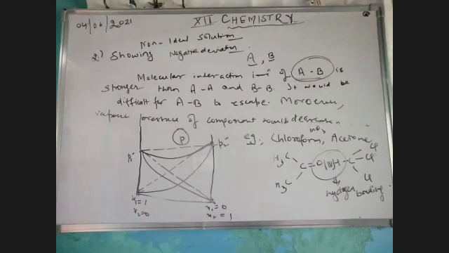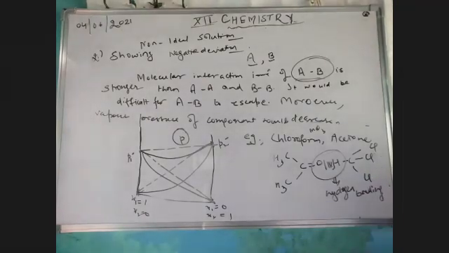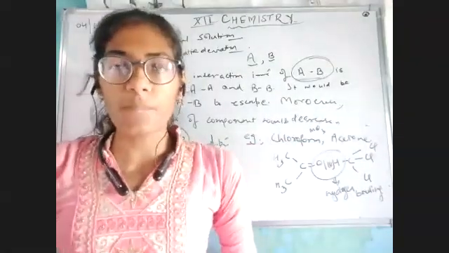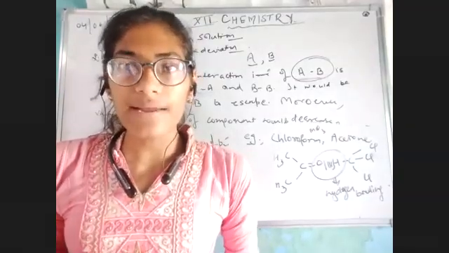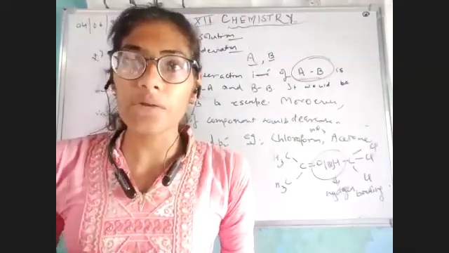Let's see another topic, that is the azeotropes. What are azeotropes? Azeotrope is a very simple, very short topic. Azeotropes are those binary compounds which boil at a particular temperature.